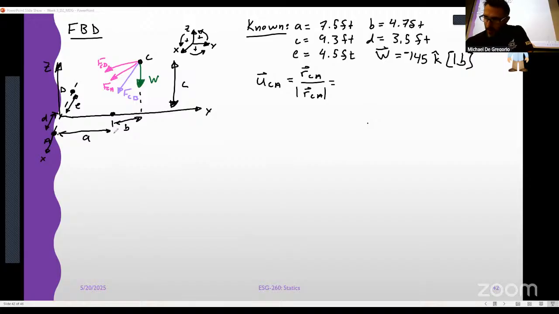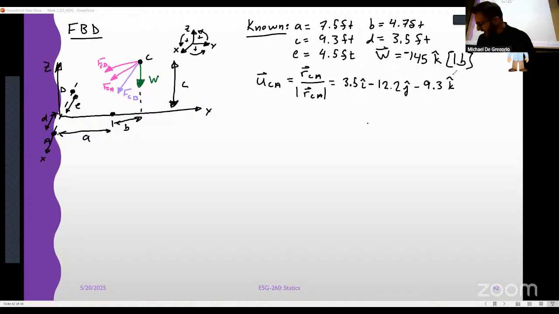So I need to go 3.5 I. I would need to go negative A plus B in the Y direction, right? Because I'd have to go back this way. That's negative, the quantity A plus B. So minus 12.2 in the J and minus 9.3 in the K. Just drop it straight down.